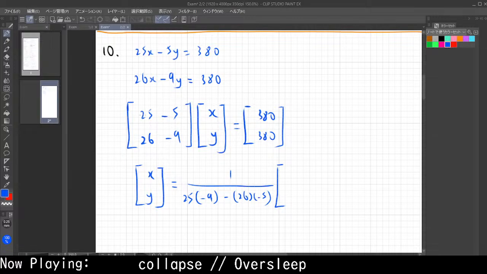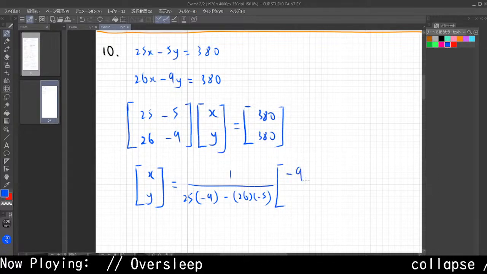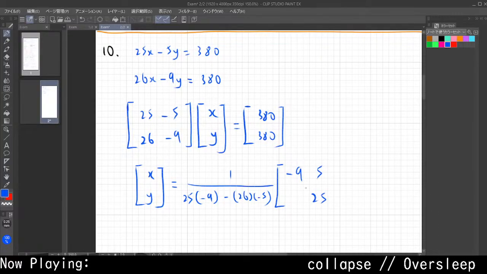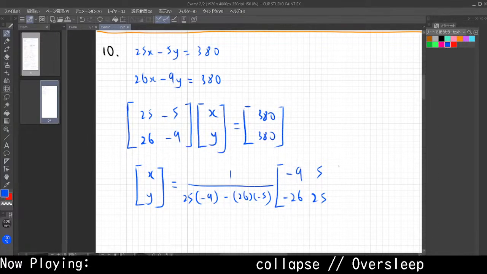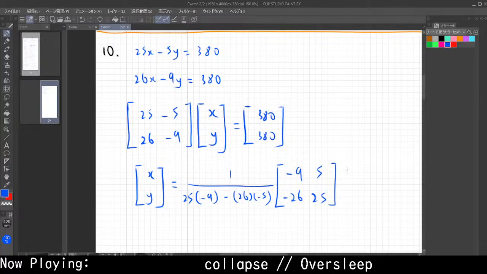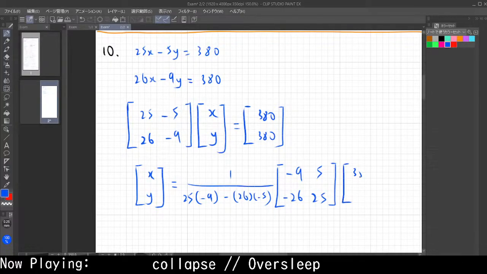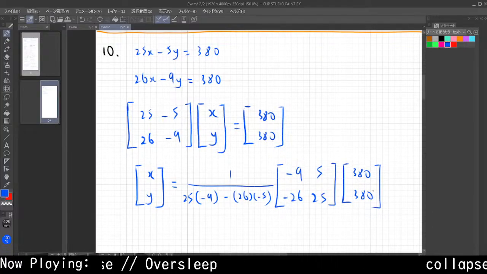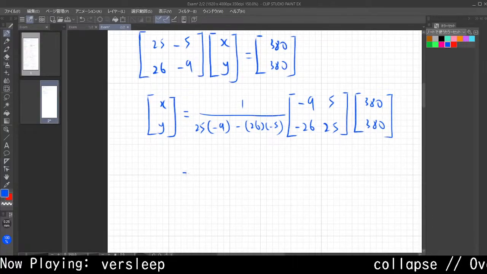So your two positions up here, you swap places. Then your two other positions, you change them into their negatives. Then your 2 by 1 still stays here, 380. Okay. Then just calculate lah. We basically from here just calculate.